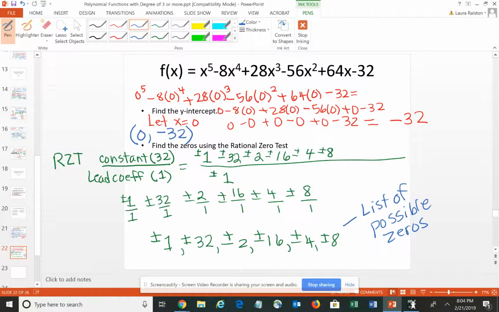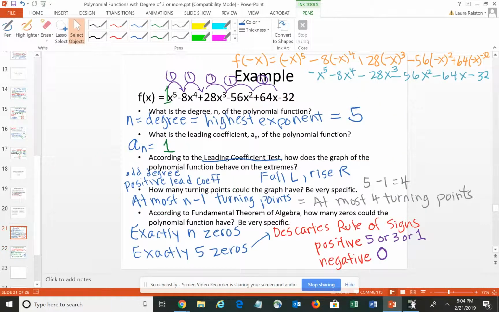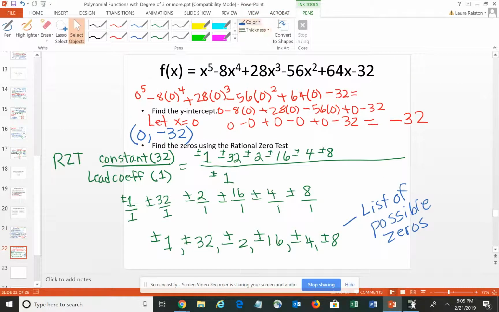But, and here's where Descartes' rule of signs comes into play, guys. If you go back and look, we said, based on Descartes' rule of signs, we couldn't have any negative zeros. So that means that I can eliminate the negative values from this list, and I realize I can only use 1, 32, 2, 16, 4, and 8.